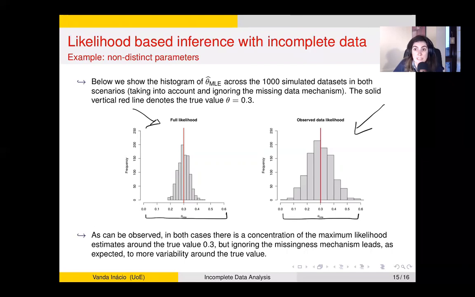And this aligns with what we have been told, that when the assumption of distinct parameters is violated and we only use the observed data likelihood, our estimates are still unbiased, as we are observing, but they are less efficient. In fact, compared to this situation, we have more variability, correct?